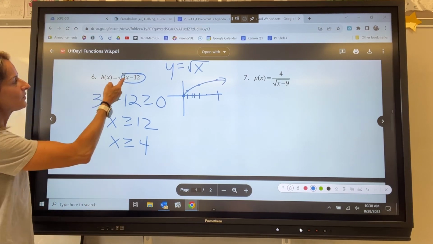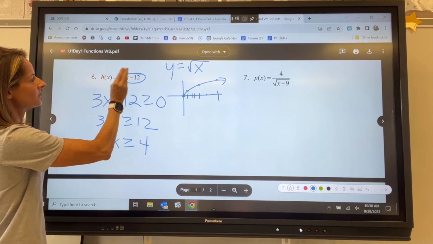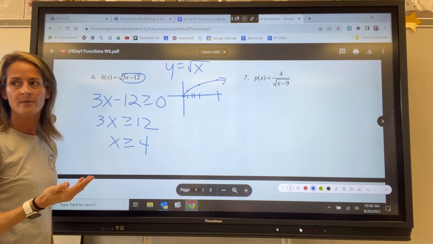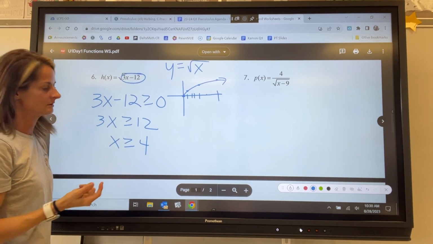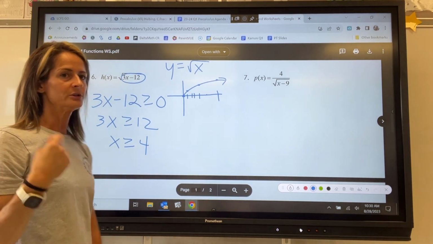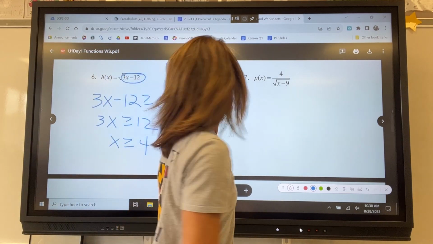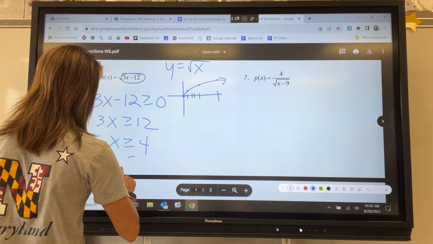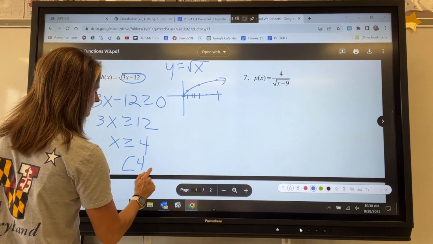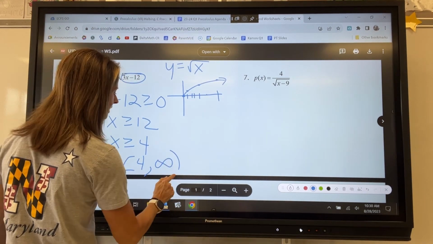If I put a 4 here, 3 times 4 is 12, 12 minus 12 is 0, which is okay. We can plot 0; the square root of 0 is 0. So how do we say we're going to include that 4? Bracket. So it's going to be 4 to infinity. All those values will work.